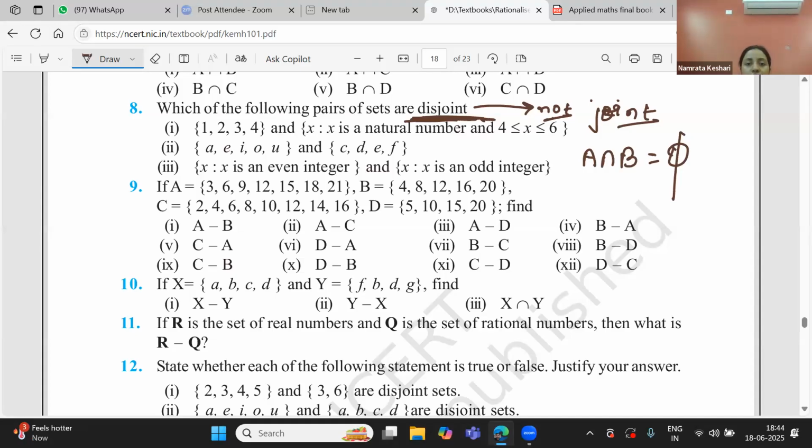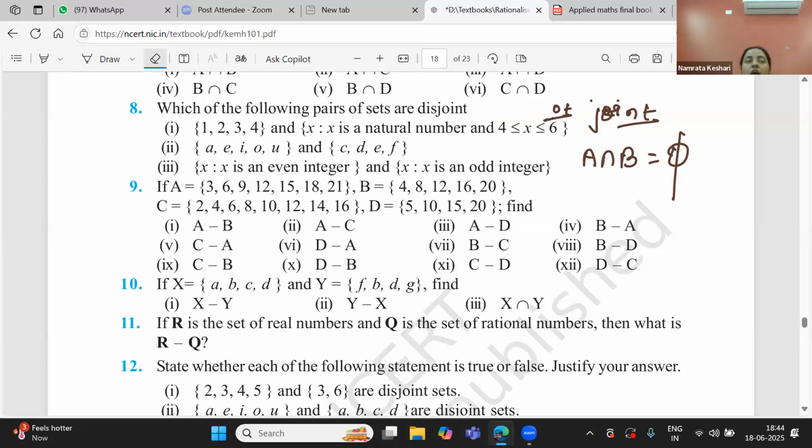Okay, so you have to check over here which two are disjoint. Here, I'm talking about number 8. If there is no common element, those sets are called disjoint sets. Anytime if you forget the concept of disjoint, just focus on the name, disjoint, no common element.